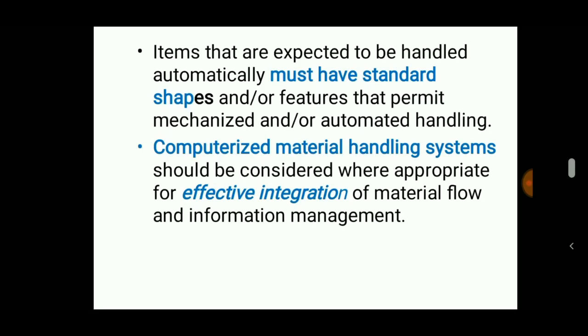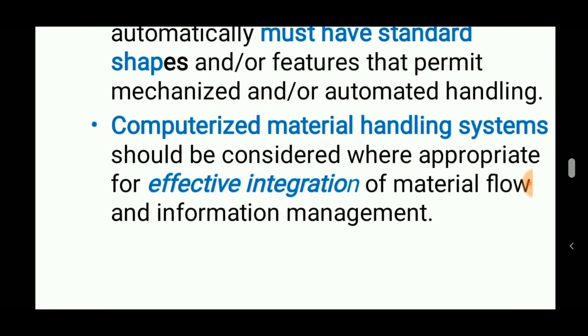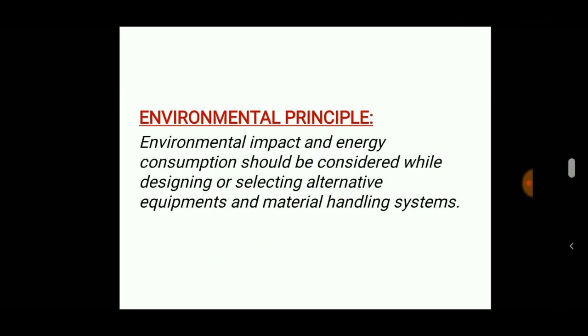So this is the major task, because only standard shapes will be recognized and processed. A computerized material handling system should be considered where appropriate for effective integration of material flow and information management.